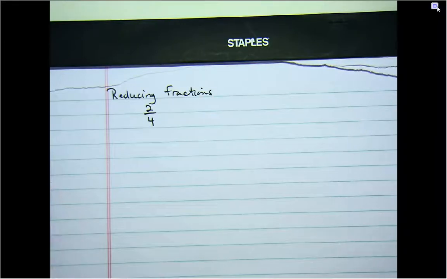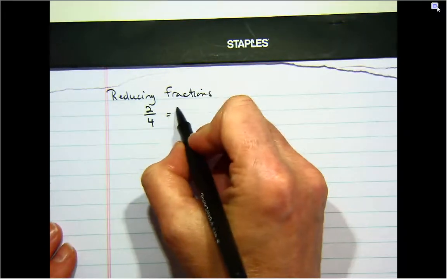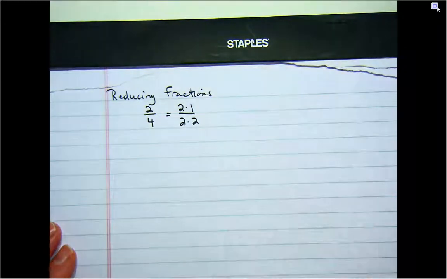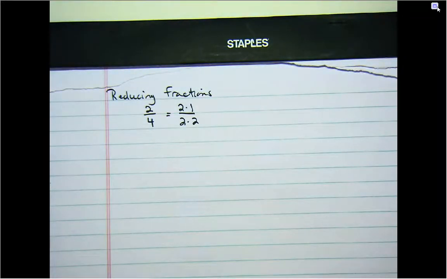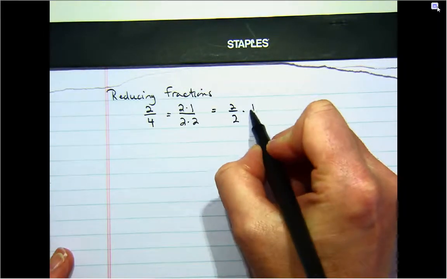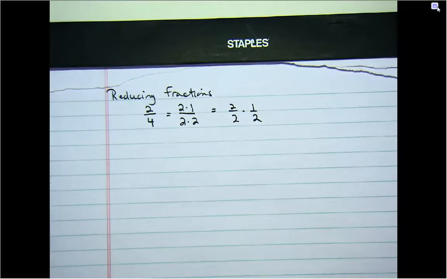So take, for example, the fraction 2/4. The 2 and the 4 are both even, so you could think of that as 2 times 1 in the top and 2 times 2 in the bottom. Well, the fraction could be split up like that for the multiplying, instead of multiplying the numerator and denominator individually.